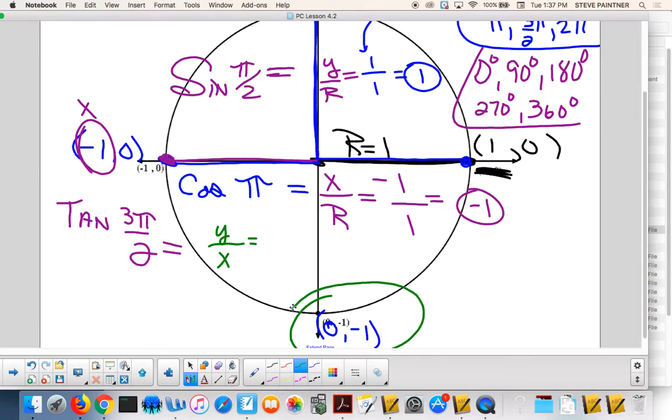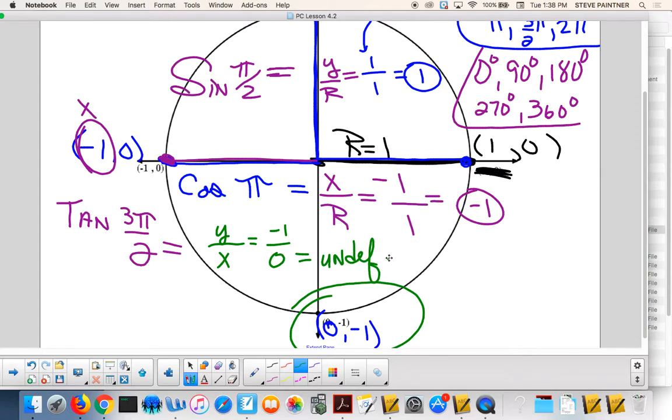Okay, so what am I going to put in for y over x? He wants -1 over 0. You guys agree? Here is y, here is x. So in this one, you take the y and the x, put them in, and the answer is undefined. So there are times when you don't get answers. This is one of them, right there. Okay?